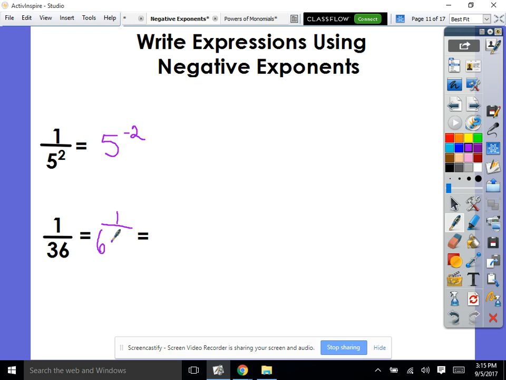We know that 36 is a perfect square because 6 times 6 equals 36. So now we have 1 over 6 squared, and when we find the reciprocal of that, that would be 6 to the negative second power.